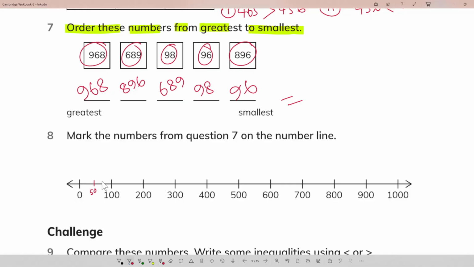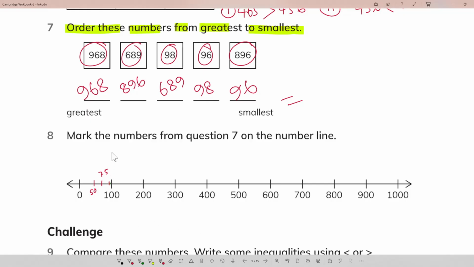So we consider again the middle, here is 75. So the 96 will be almost 100, right? So we can say this one is 96, and then 98, it's almost near.